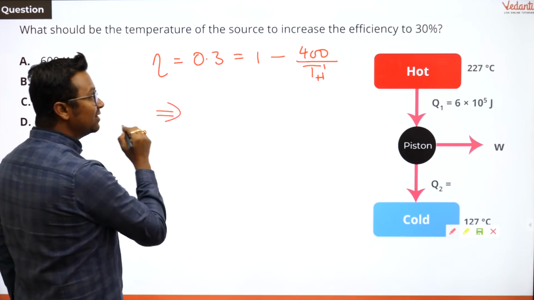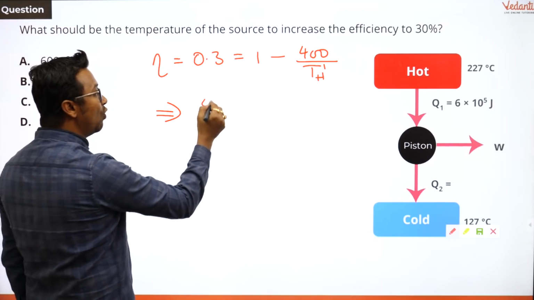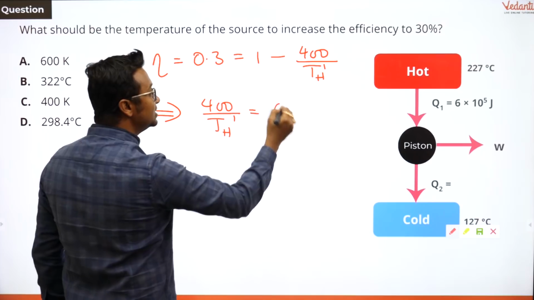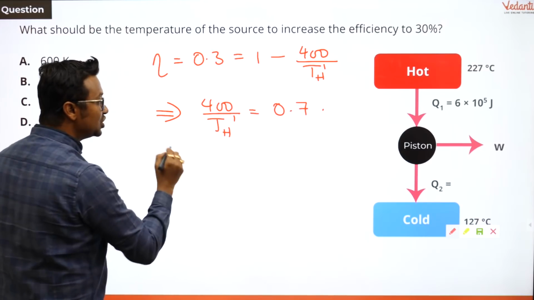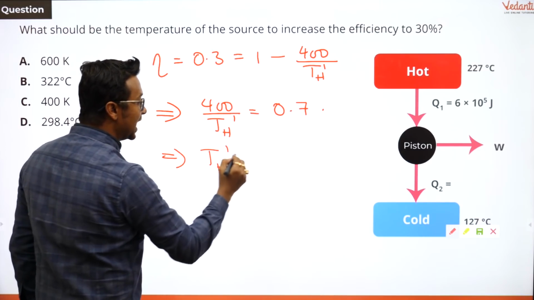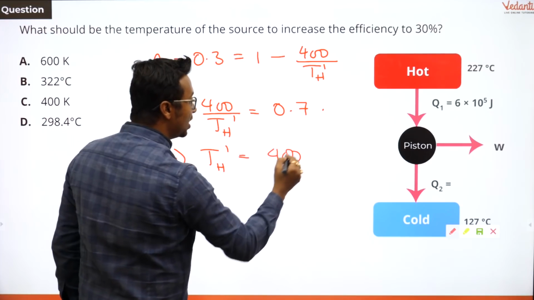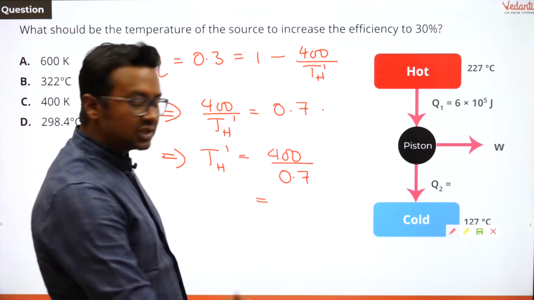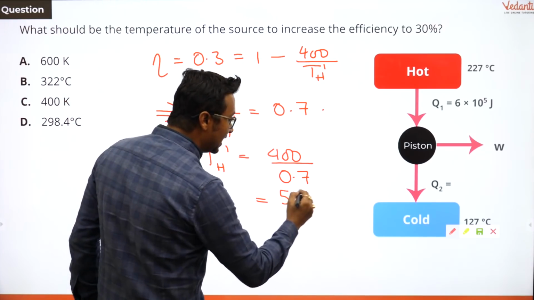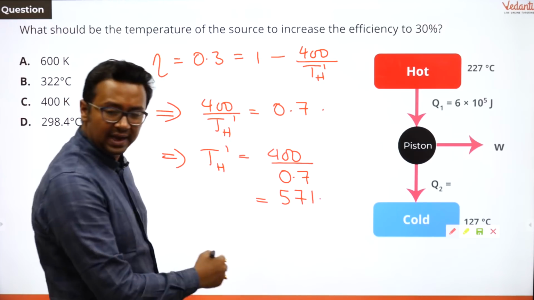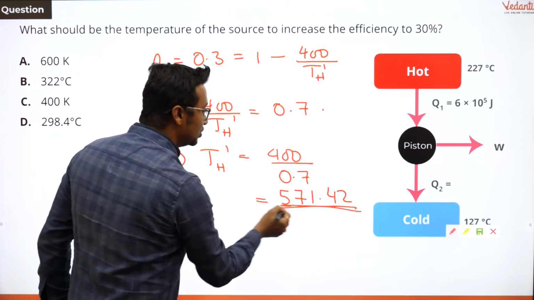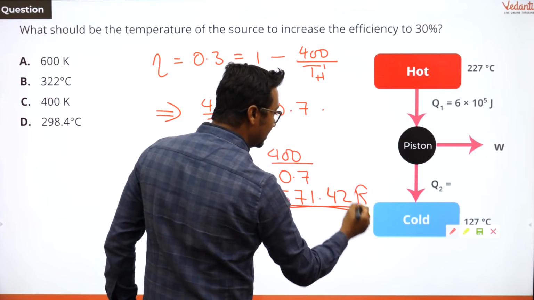Then as per the formula क्या हो जाएगा दोस्तों? 400 divided by Th dash is going to be 0.7, which implies your Th dash will be equal to 400 divided by 0.7. So this will be approximately equal to 571.42, my dear students. This is in Kelvin.